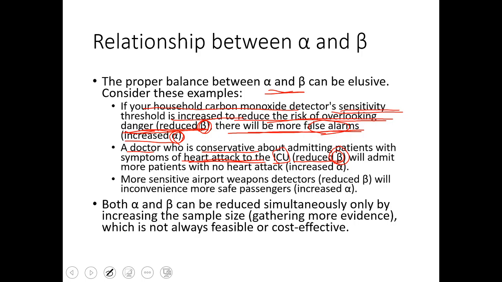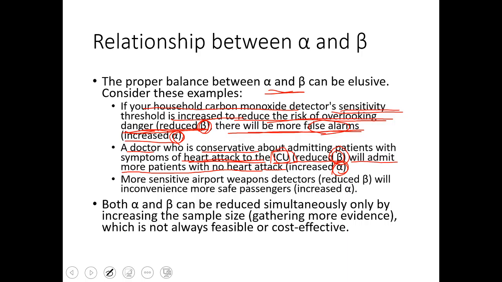But if so, he admits more patients with no heart attack. Okay? So the ICU will be filled by suspicious patients, so alpha increases. And so on. So alpha and beta cannot be reduced together. If alpha is reduced, then beta is increased, and if alpha is increased, then beta is reduced.